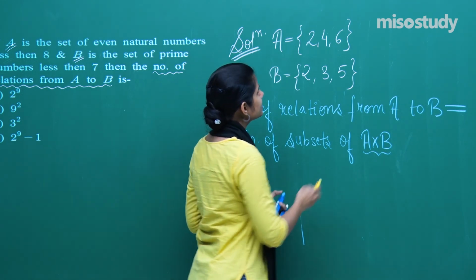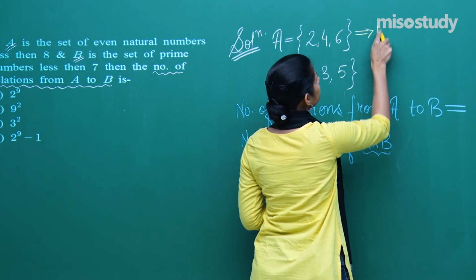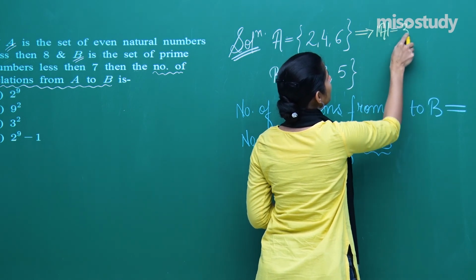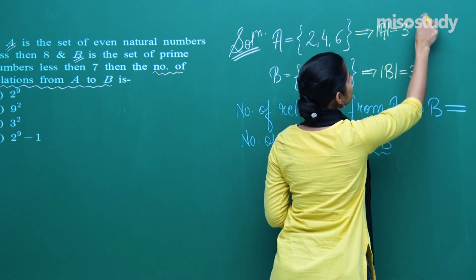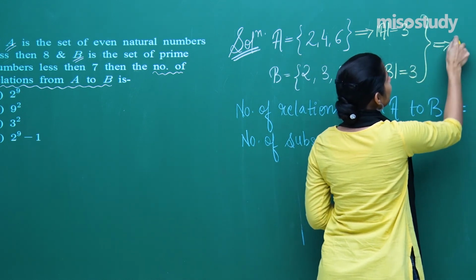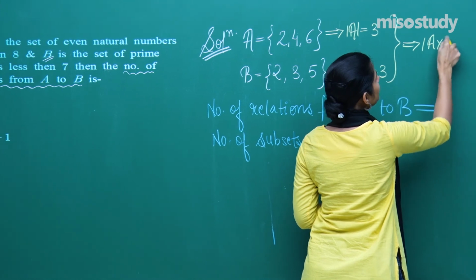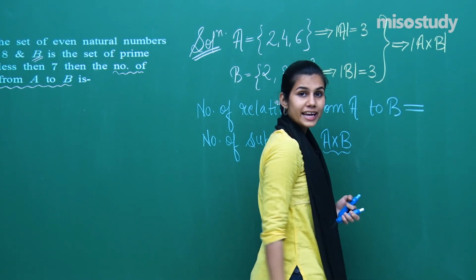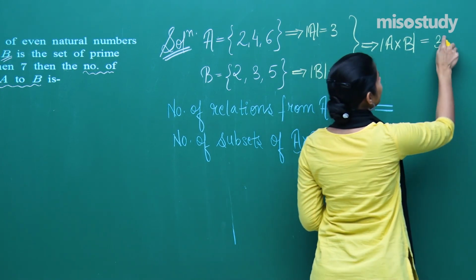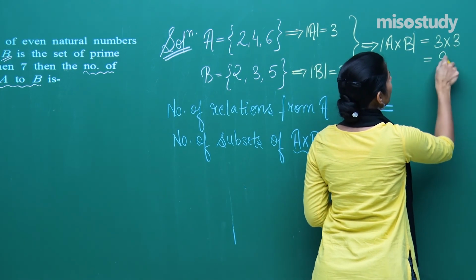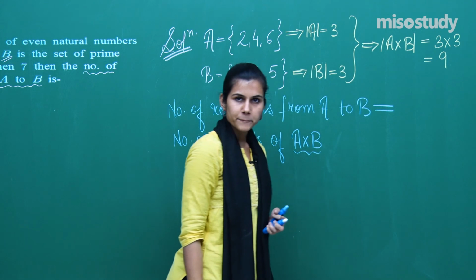And if A has 3 members and B has again 3 members, this implies A cross B has how many members? Well, A cross B has cardinality of A into cardinality of B, which is 9 members.